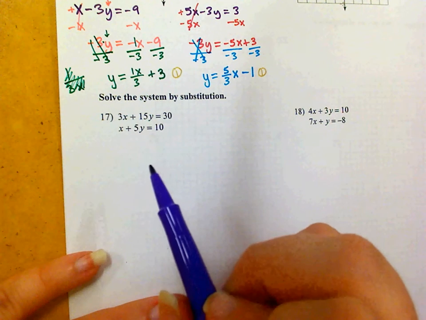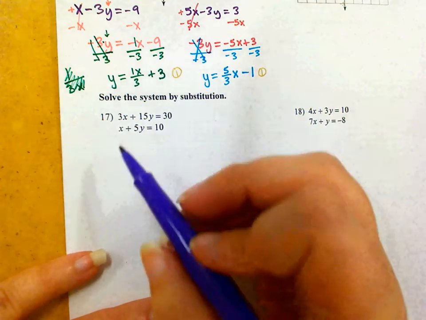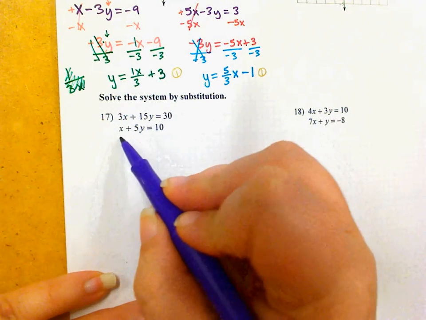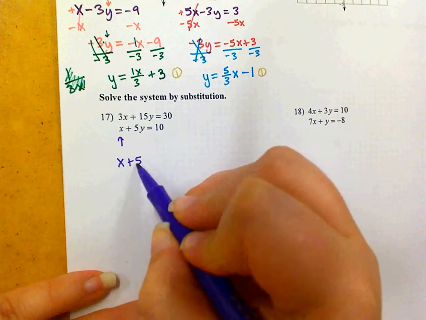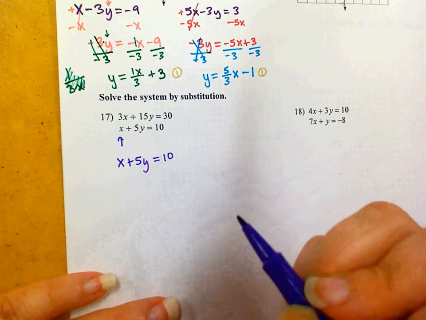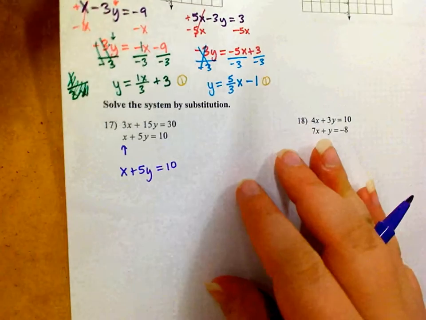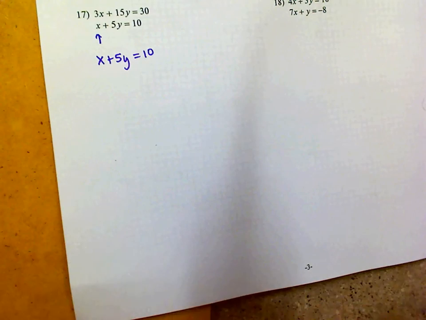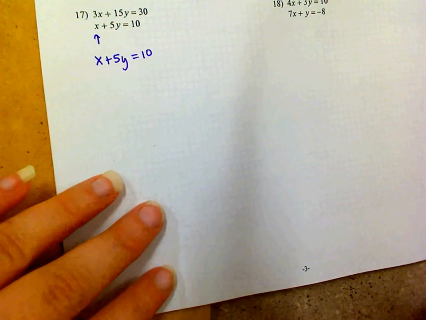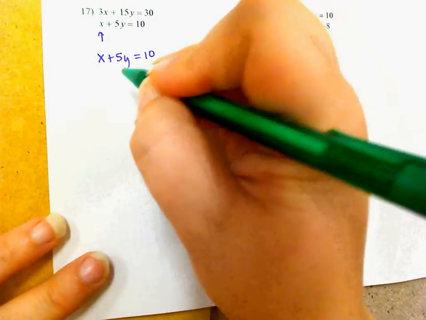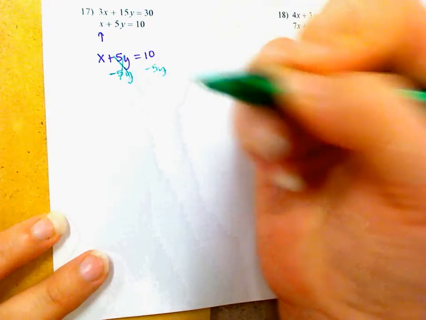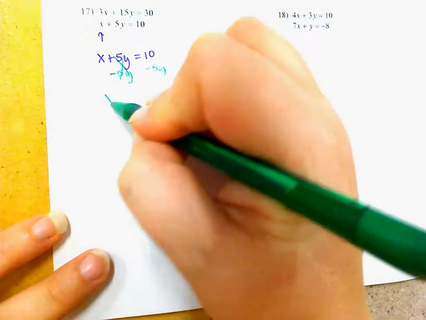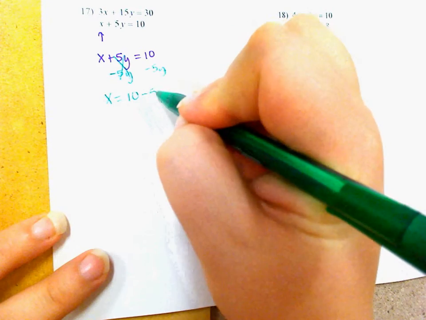How do I get x by itself? Oh, I want to get x by itself. How about I just get rid of the 5y? I'm going to get x by itself. X equals 10 minus 5y, or negative 5y plus 10. Doesn't really matter. But then what do I do with that?